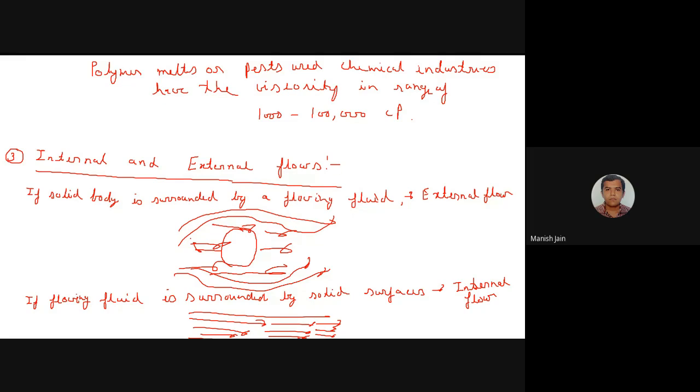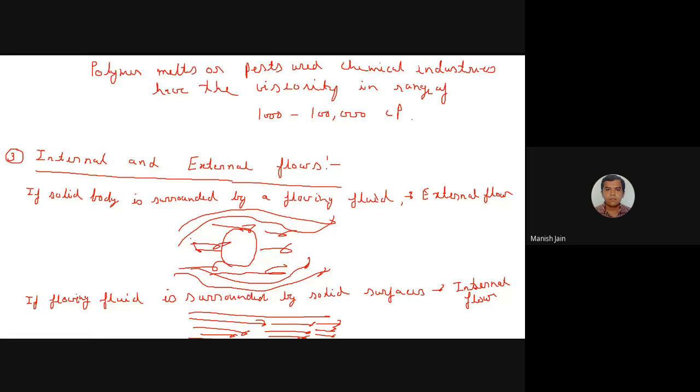How the particle settles down has specific applications when you calculate the settling velocity, or when you calculate how solid-liquid separation occurs in industry. Sometimes you have to separate out the solid, and it is also used when you calculate the size of solid particles.